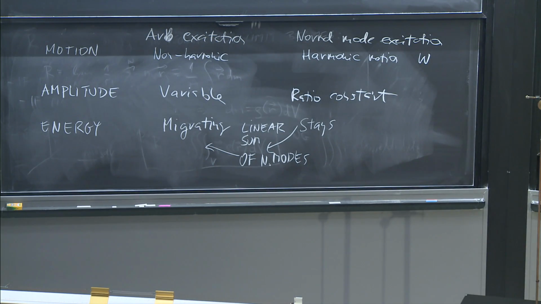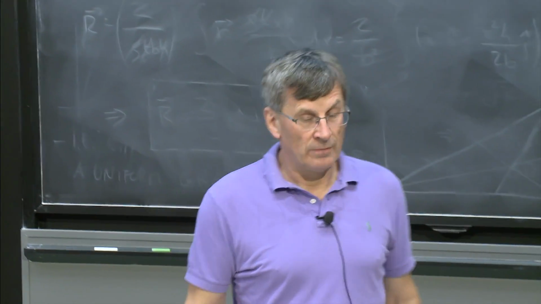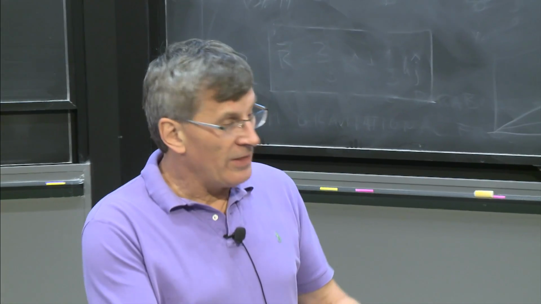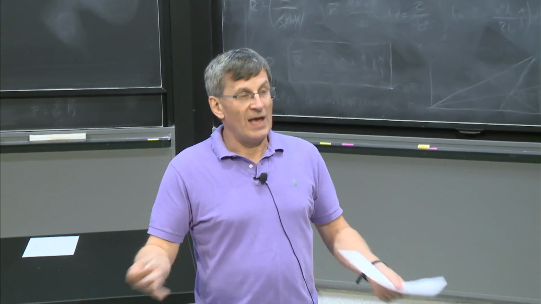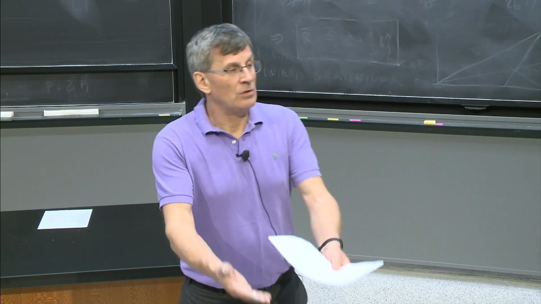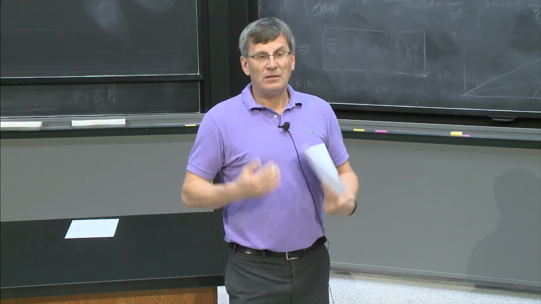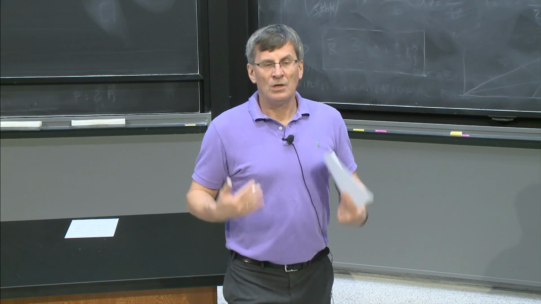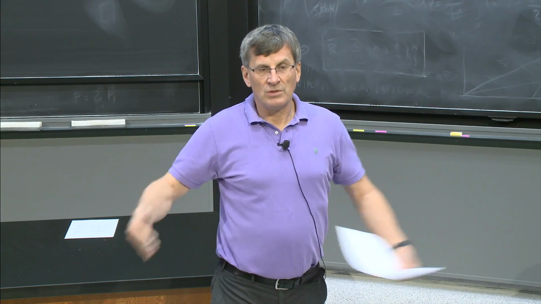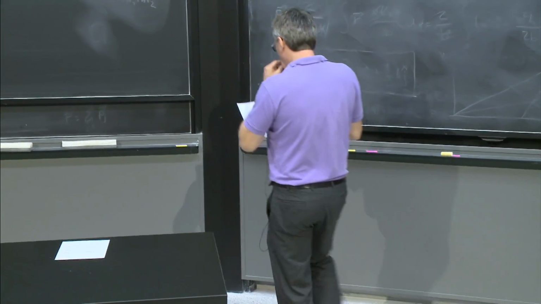Any arbitrary excitation with all its complicated motion can be made into a sum of normal modes. Since normal modes are easy and simple and beautiful, the best way to approach the description of motion of any coupled oscillator is to find all possible normal modes, and then decompose the initial condition to correspond to a linear sum of normal modes. Once you know the normal modes, you add them up, and then you can predict exactly the motion.